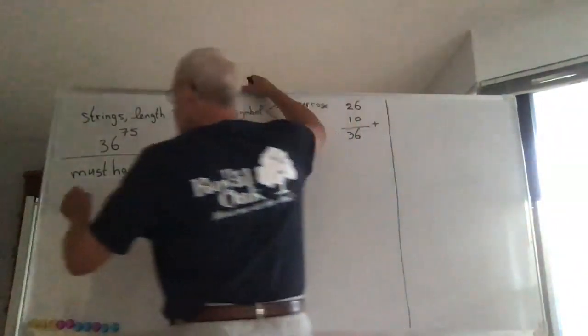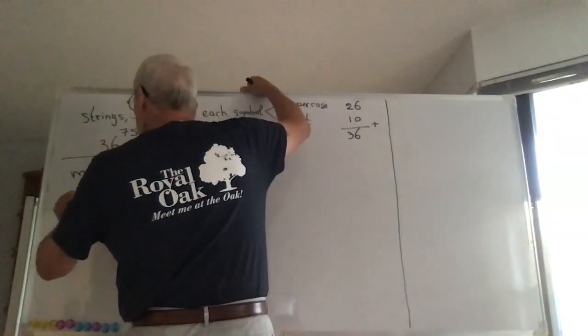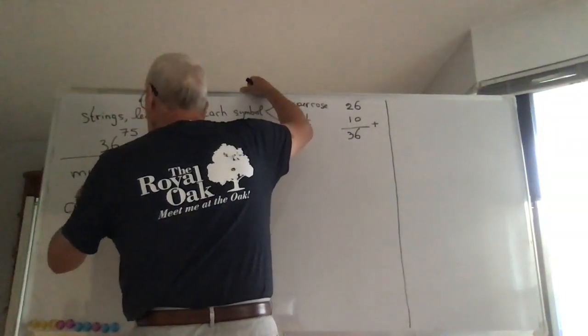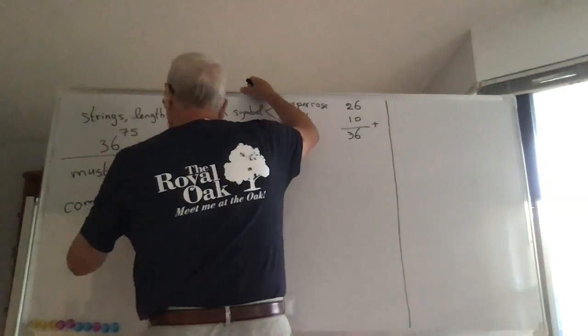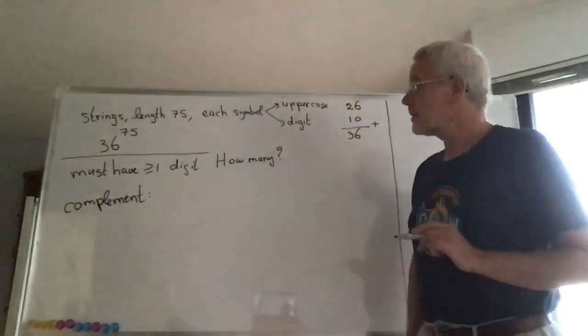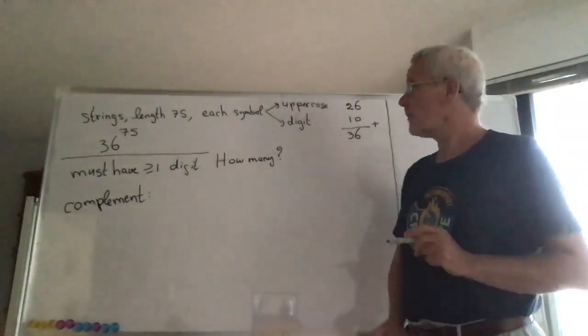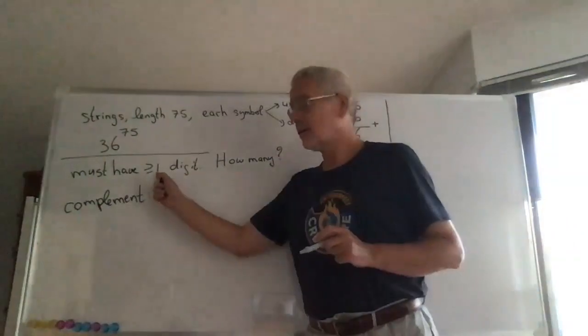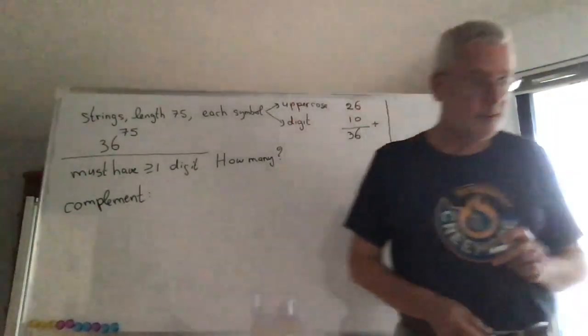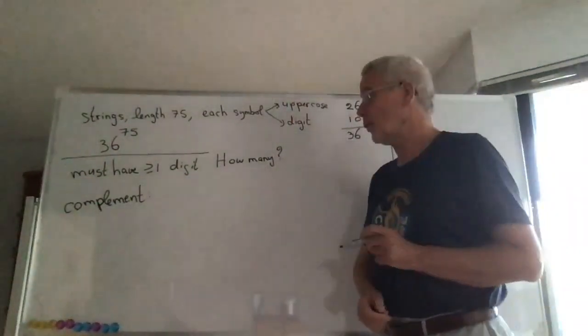So let's look at the complement. These are strings where the length is still 75, every symbol is an uppercase letter or a digit, and this condition is not true. So it's not the case that there is at least one digit.